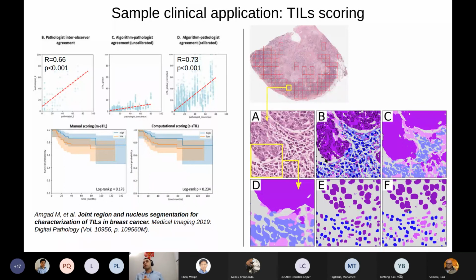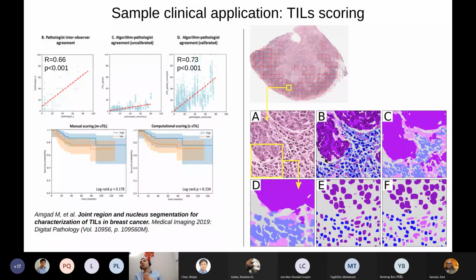And what they want to do is have this big reader study where they compare various groups' algorithms to each other, and see basically just the correlation between them, and whether computational scoring can really match the manual scoring. And of course, if it does, that would be good, because computational scoring is more objective and it could speed up the workflow.